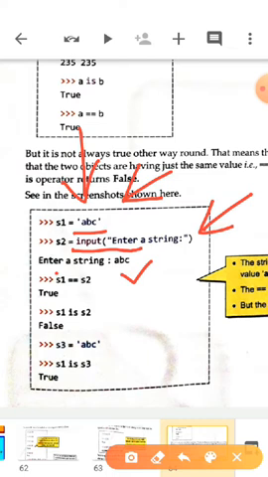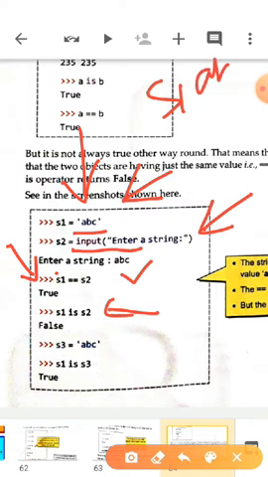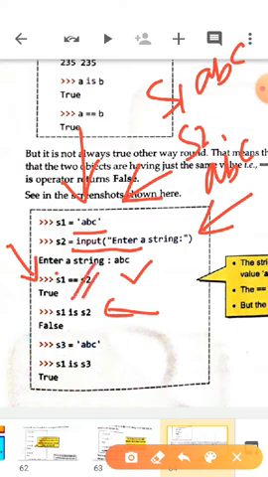Yes. s1 is s2? No. Here we are talking about the value of s1 and s2. If we see, s1 is also having abc and s2 is also having abc. So if you see the value, s1 == s2, you will get a true answer. It means here the question is asking whether they are having the same value or not. Okay, so you will get a true answer.